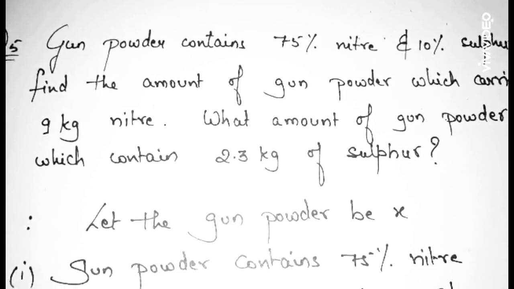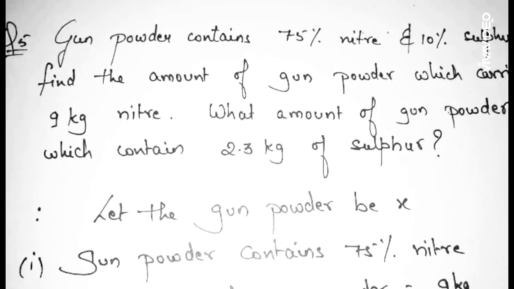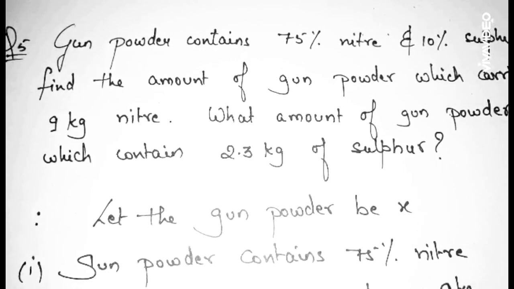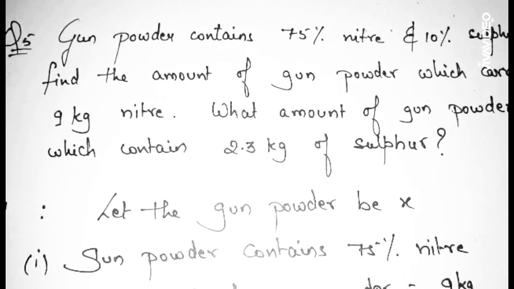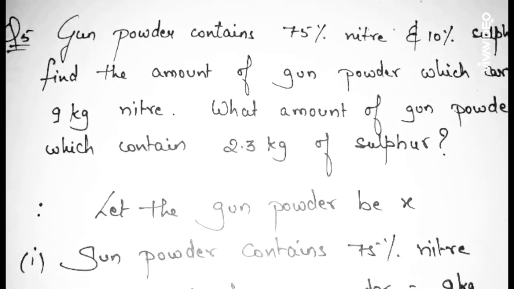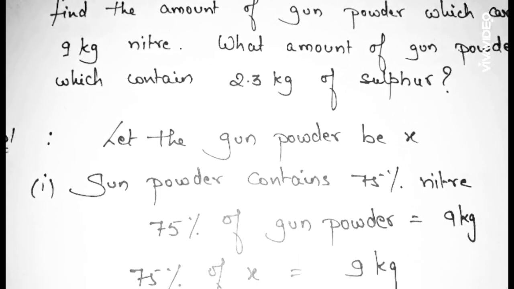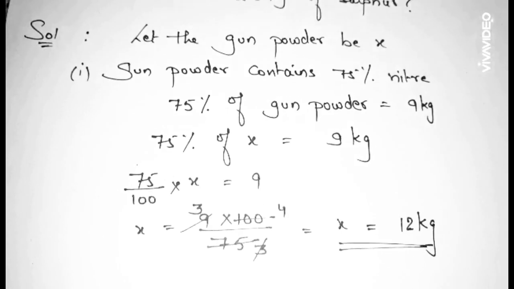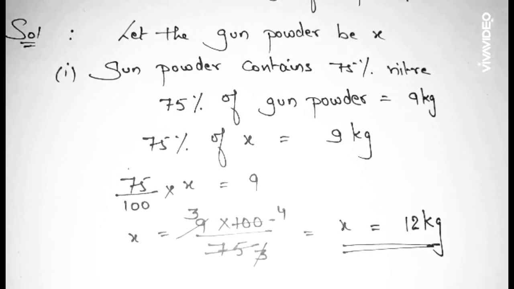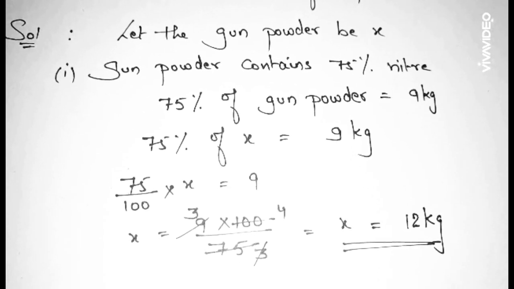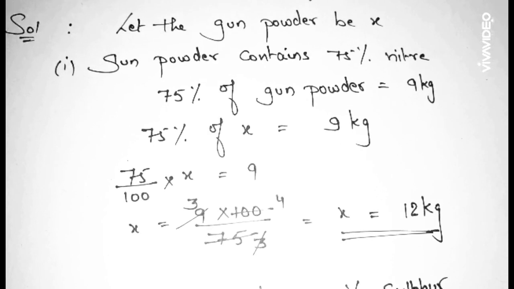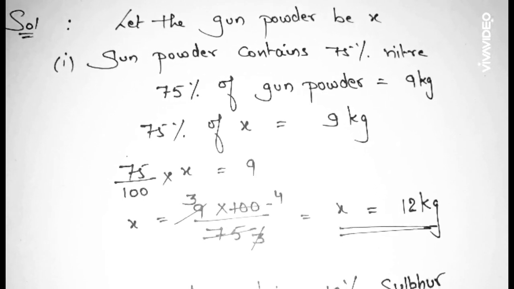Okay, now let's move on to the solution. The quantity of gunpowder is unknown, so I am assuming the gunpowder as X. So let the gunpowder be X. Now if the gunpowder is X, the gunpowder contains 75% niter. So basically 75% of gunpowder is equal to 9 kg.